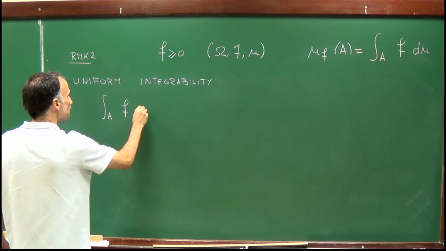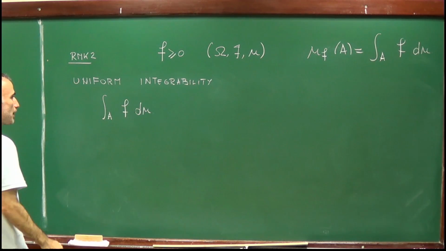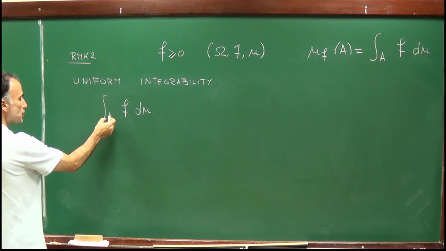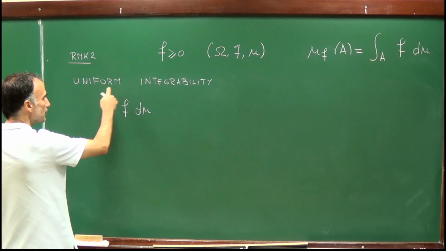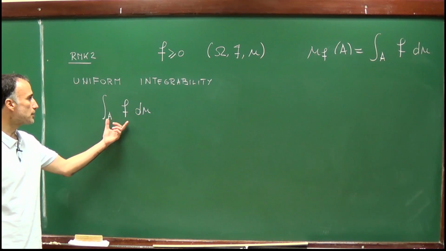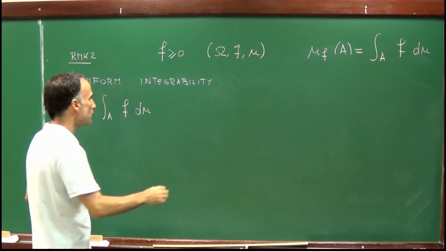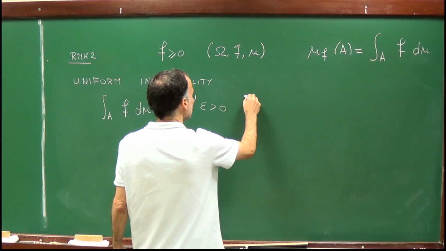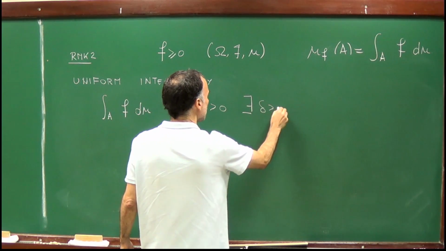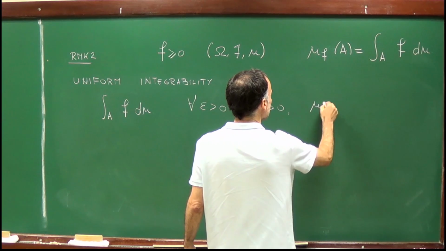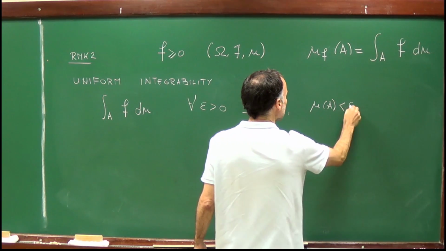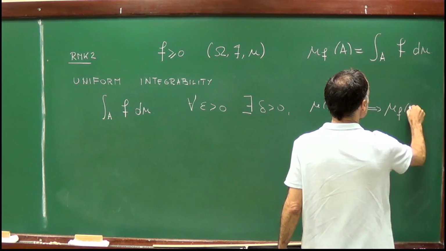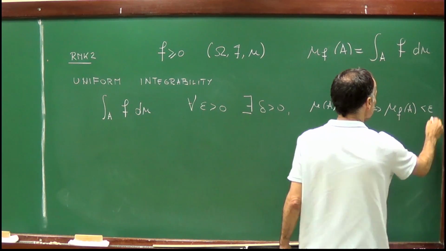if you consider this function, now I want to take sets A which have small measure to guarantee that this integral is bounded. So more precisely, what I want to prove is that for any epsilon positive, I can find a delta positive such that if mu of A is smaller than delta, then mu_f of A is smaller than epsilon.